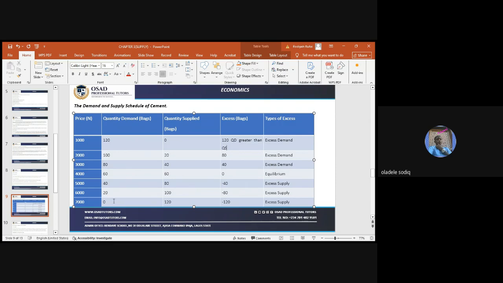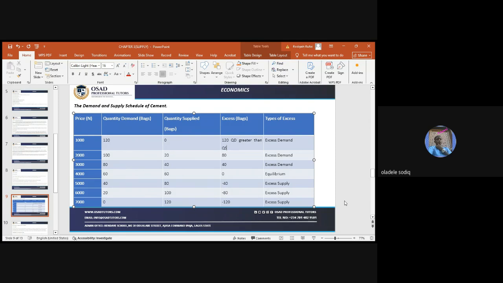I did not demand, but they supplied me 120. So my quantity supplied is higher than the quantity demanded. I have excess supply. That's how all these ones are negative, all these ones are positive. So please take note of that. Any question on this? No. Can we move on?